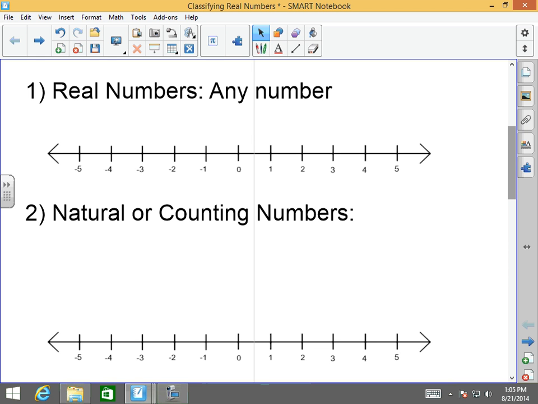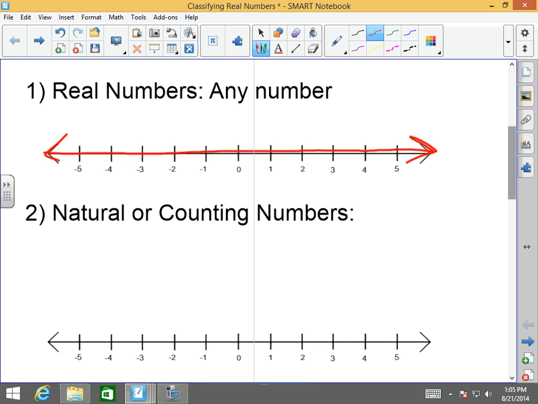Okay? Any number. So on a number line, everything is included in real numbers. I'm talking positive numbers, negative numbers, fractions, decimals, perfect squares, non-perfect squares, irrational numbers. Any number is a real number.